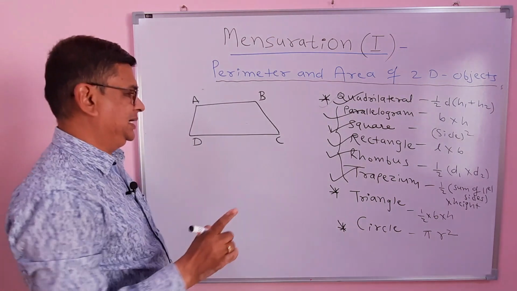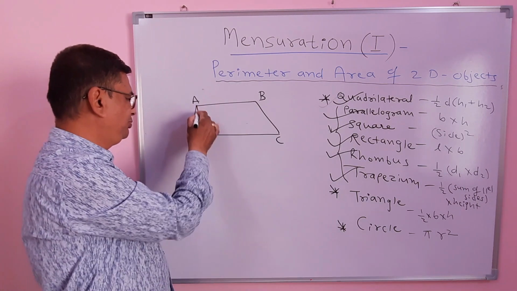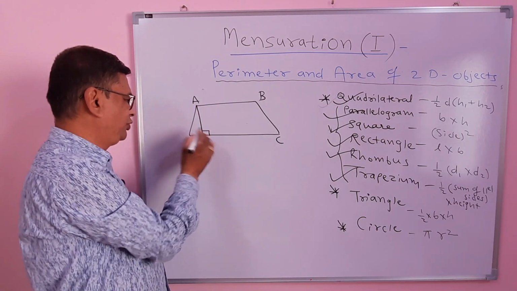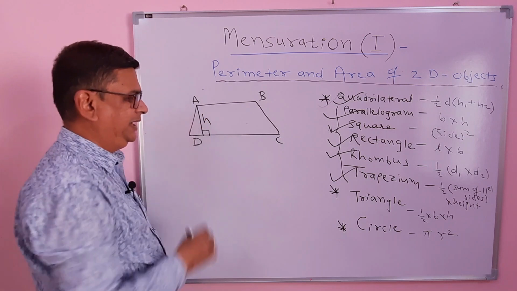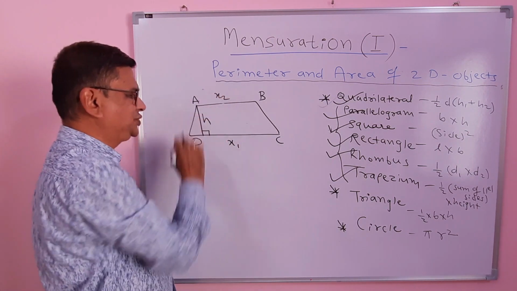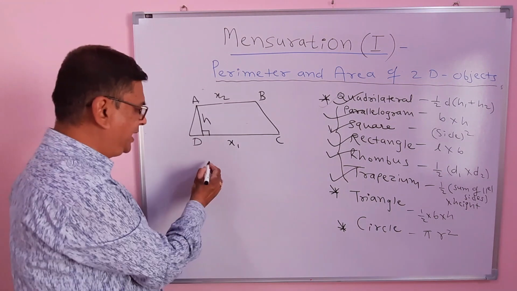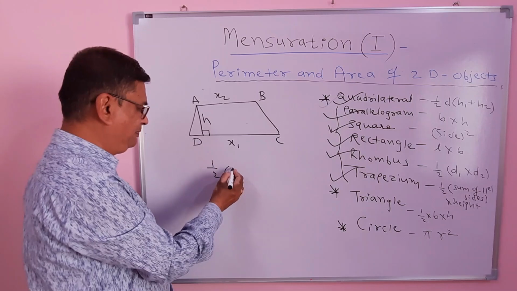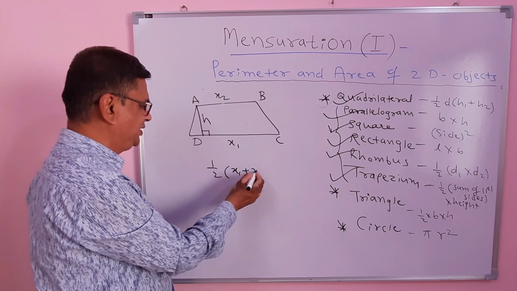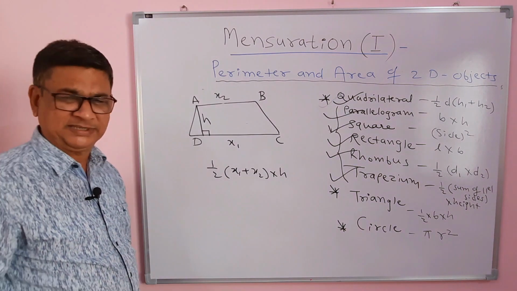Now, for the area of the trapezium, from the point A you draw a perpendicular, and that height is h. Suppose the two parallel sides have lengths x1 and x2. Then the area of the trapezium is 1 by 2 into the sum of the parallel sides, x1 plus x2, into the height.